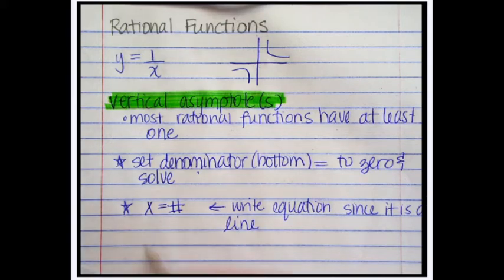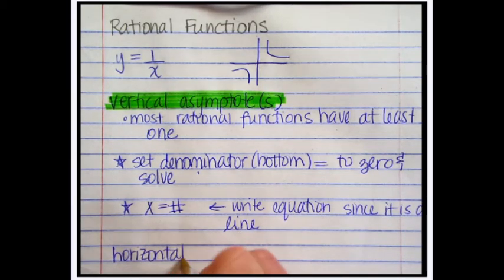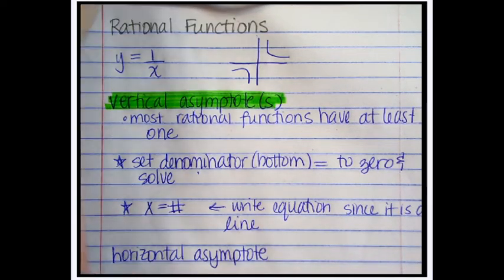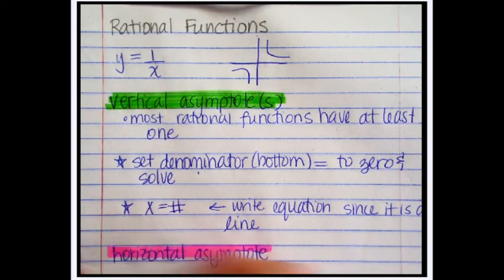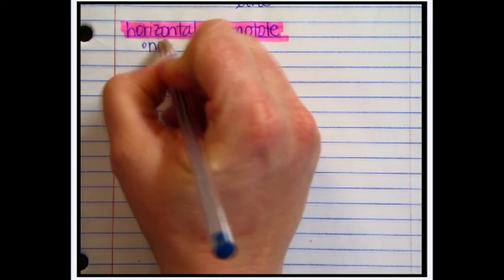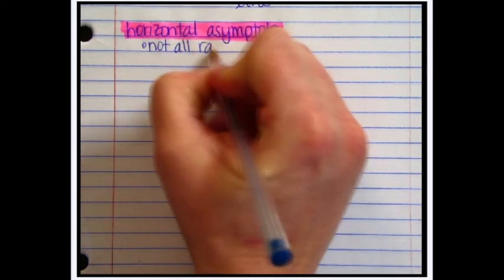Then we can also find horizontal asymptotes. And the way we find a horizontal asymptote is a little bit different. The first thing to note is not all rational functions have one.